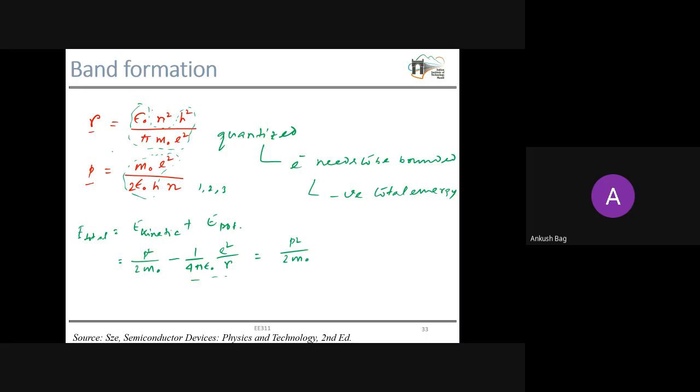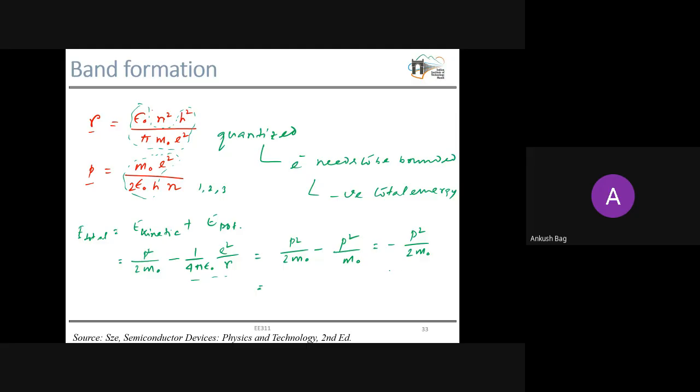So now this particular term can be written as p square by 2 m naught. When solving for these two parameters, r and p, you will get that this expression is also equal to p square by m naught. So this potential energy will take this form, and now you can clearly see that it has total energy negative p square by 2 m naught.